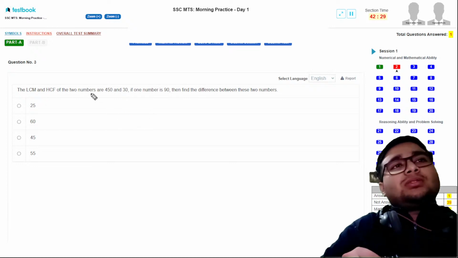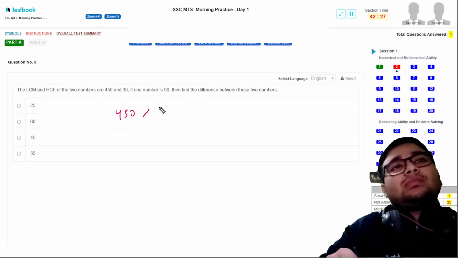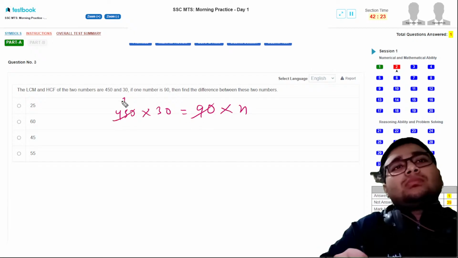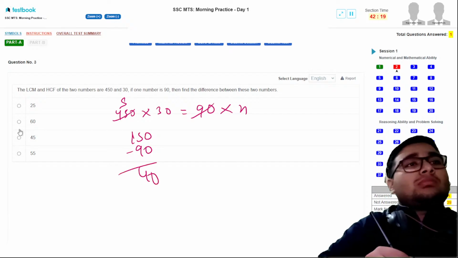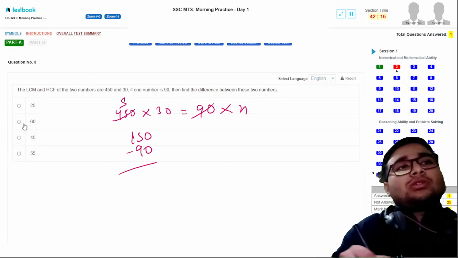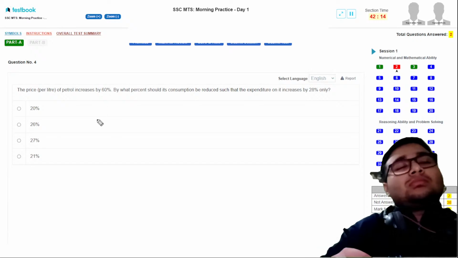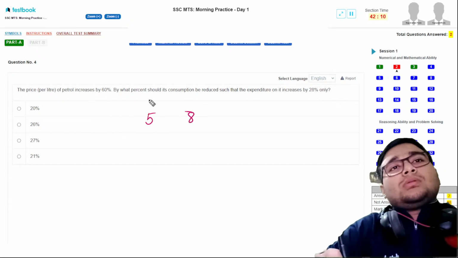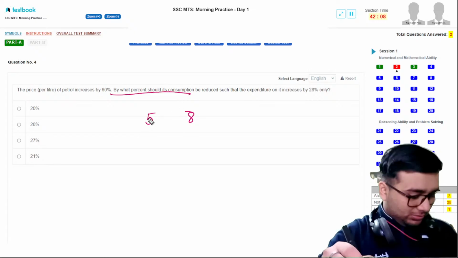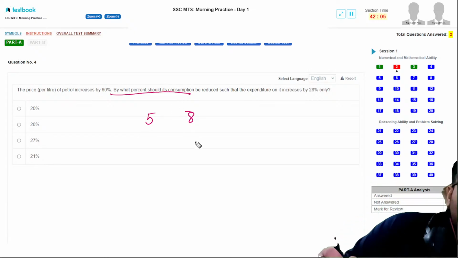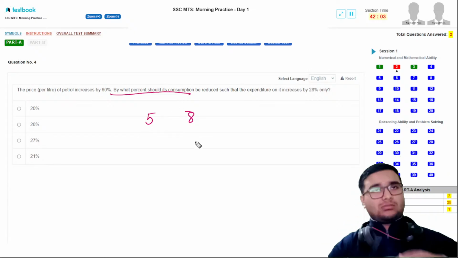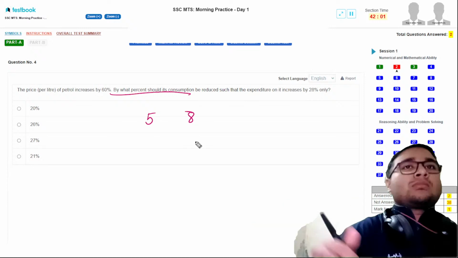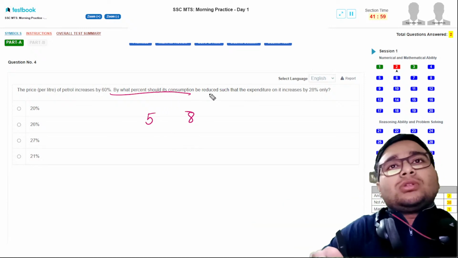The LCM and HCM of two numbers are 15 and 30. The number is 90. 65. Right. The fuel consumption reduces.